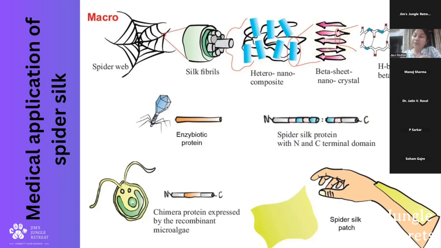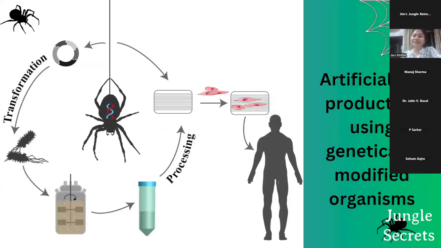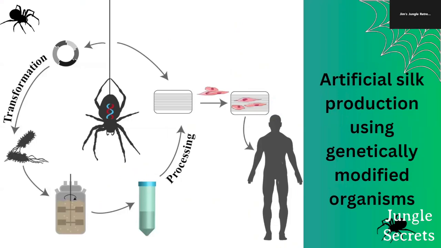Then it will be a breakthrough innovation because the lightweight nature of the silk, the impenetrable nature of the silk, and the density with which the tensile strength is so high make a perfect combination for a bulletproof material. Now, how far we go in that is a different thing, but artificial production is on. This research has really been gaining pace over the last decade, and we have found some ways in which this can be made possible.